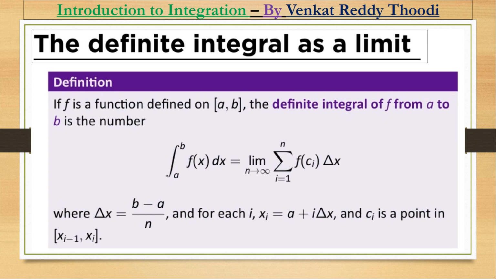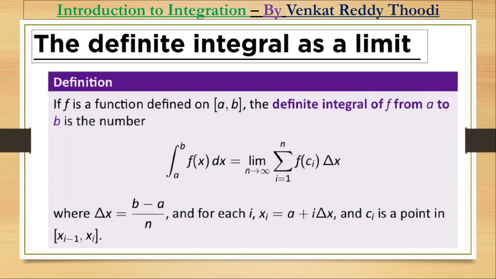The area of a rectangle is length into breadth, that is delta x into y. When you divide into many parts, delta x continuously decreases. Simply to understand, if you increase the number of small parts, delta x becomes narrow.